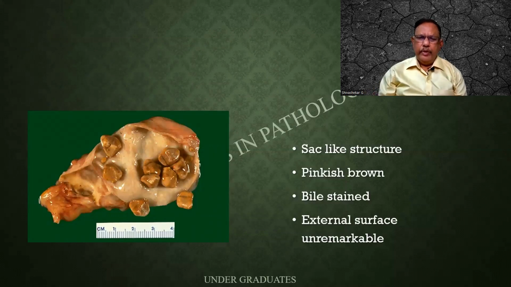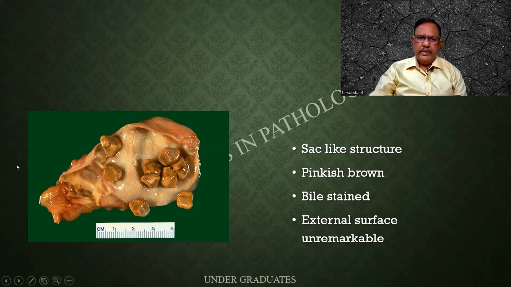I would like you people to pay your attention to the picture on the screen. I am finding a sac-like structure. It is open. It is cut open and it is displaying multiple pebble-like stones or calculi.